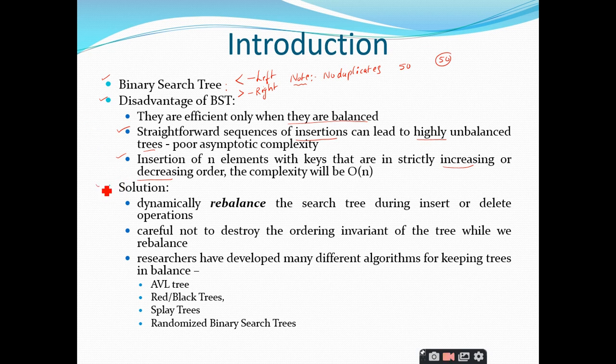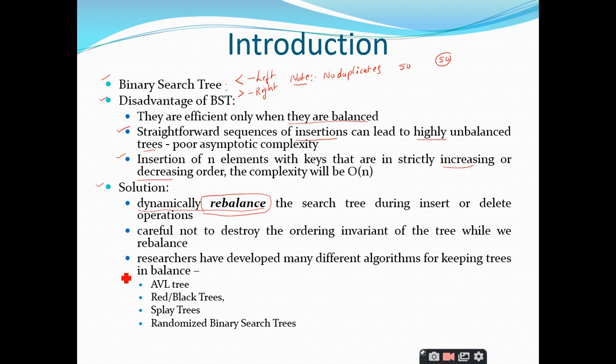So the solution for this imbalanced, highly complex or inefficient behavior is that we have to dynamically rebalance the search tree during the insertion or delete operation. We have to rebalance. This is important. This is what we are going to do in the complete AVL tree concept: rebalancing.